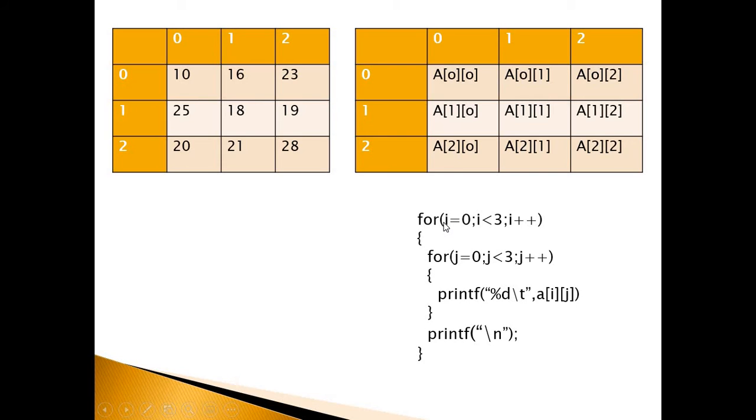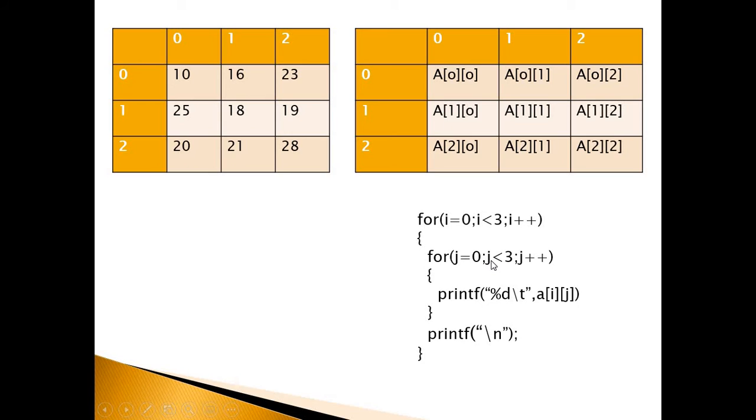So in the first row, that is the 0th row, we have many columns. So we require one more loop which will keep track of the columns, and for that we have taken another loop with the variable j. In case of columns also, the index starts from 0, so we have initialized the value of j as 0.